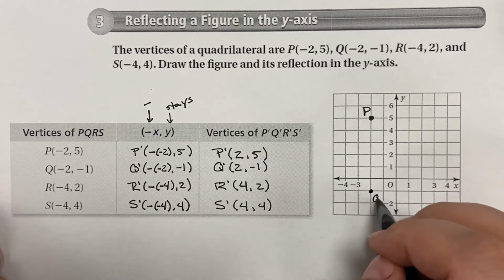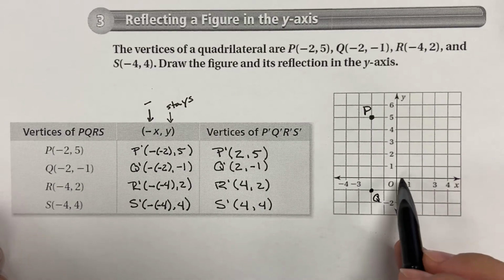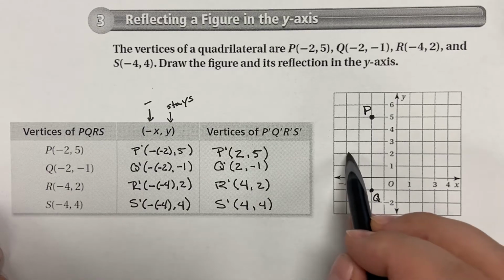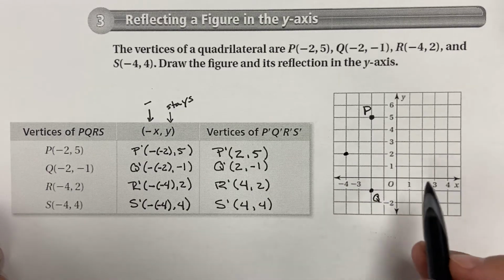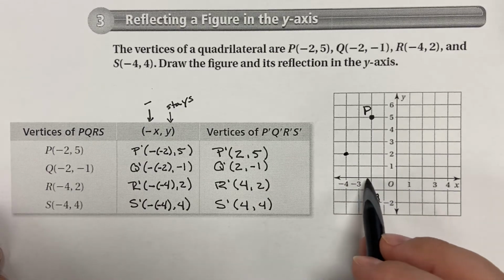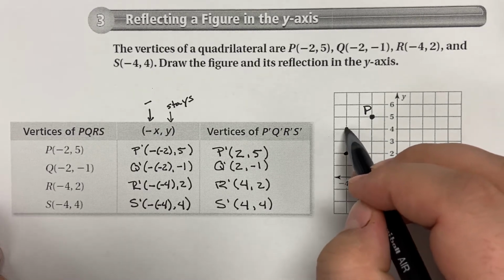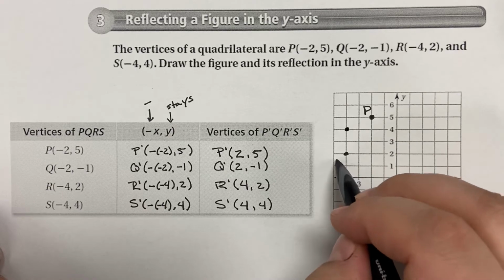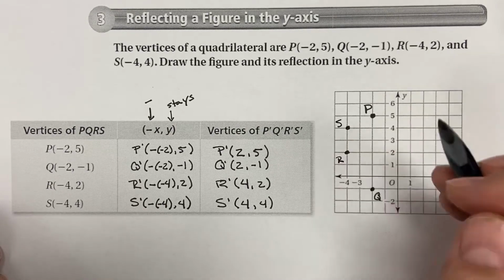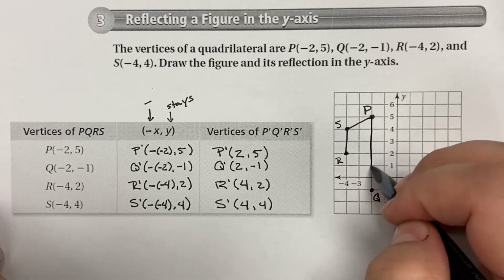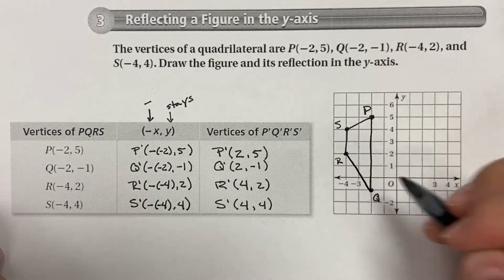Here's Q. Then we're going to go over -4, so 4 to the left, and up 2. And then we're going to go -4 and +4. Oh, sorry, I forgot to label this one R, and then S. And when I connect these, you should be able to know what kind of quadrilateral this is. Go ahead and name it.